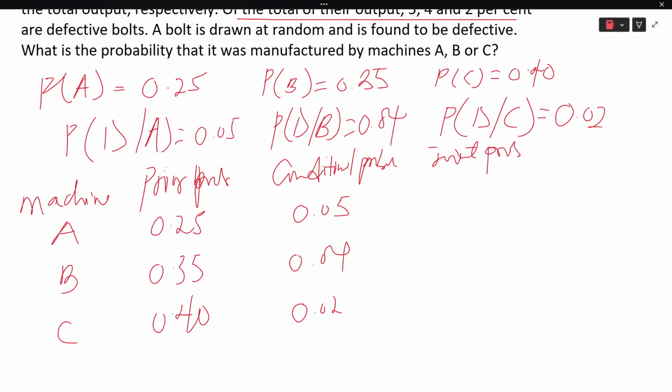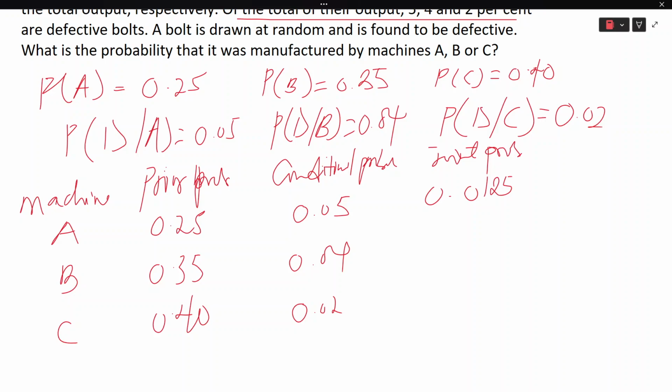Pause the video, try it yourself. Alright, so the joint probability is actually your prior probability times your conditional probability. This one is 0.25 times 0.05, which is 0.0125.